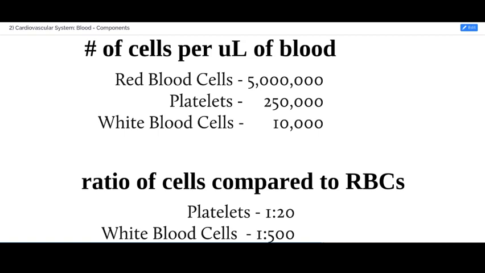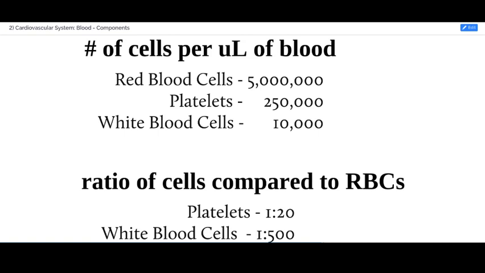There would be 5 million red blood cells on average. And then there'd be about 250,000 platelets. And at the upper end of a healthy person, 10,000 white blood cells. I'm using those numbers because they're nice and round and they fit into the ratios I'm about to share with you, but really they represent a range.